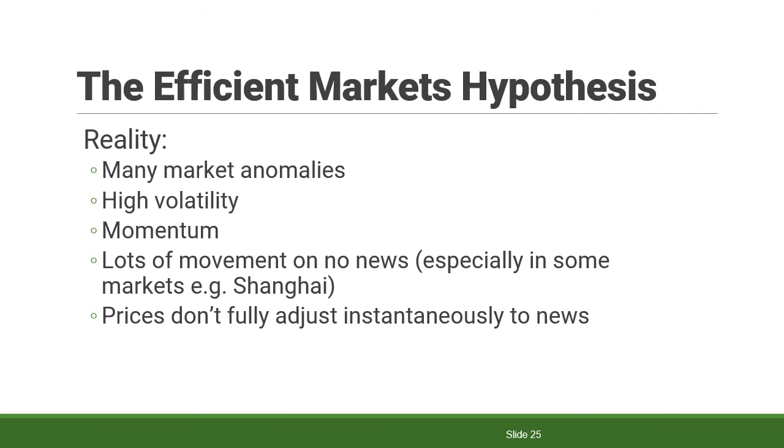There are lots of movements on no news, driven by irrational speculation that is not necessarily based on a clear indication of where the market is going. And prices don't fully adjust instantaneously. As I mentioned earlier on, there is a notion of sticky prices, so there's a certain lag or delay as new information comes in.